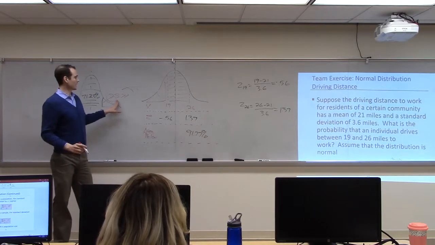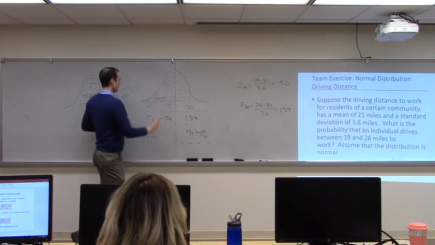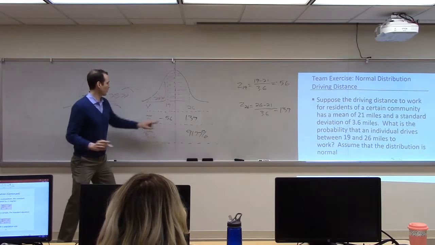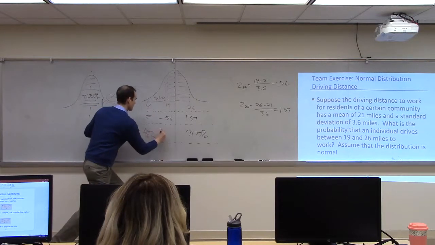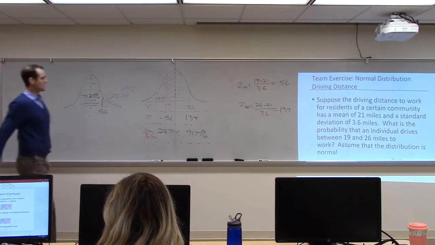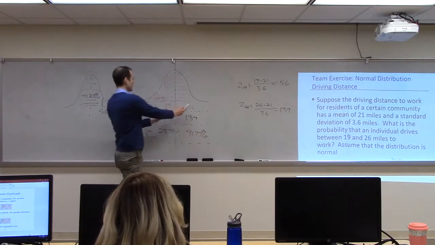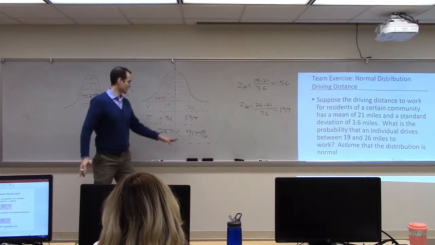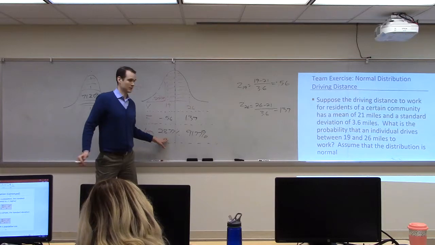So we now know the area below negative 0.56 is 0.2877. We're now ready to calculate the area in between these two, and it's just the difference. 91.77 minus 28.77, 62.50.